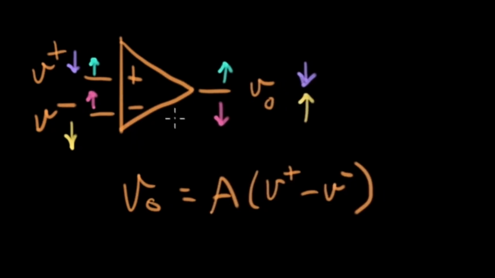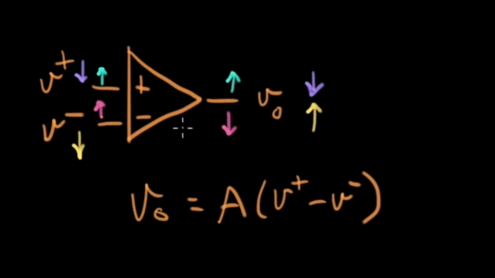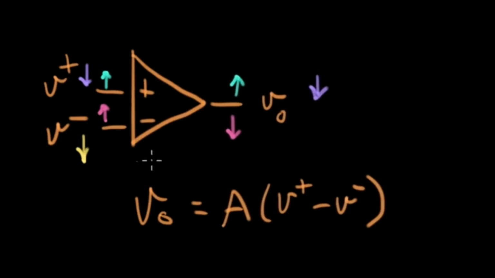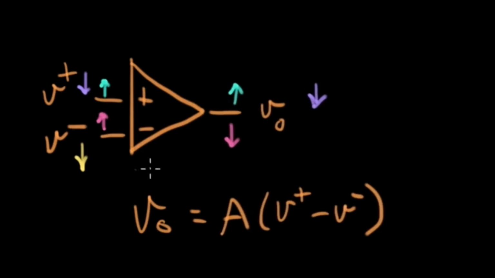A positive voltage is high on the page, a negative voltage is low on the page, and V out can go both positive and negative around ground, so keep that voltage framework in your head.